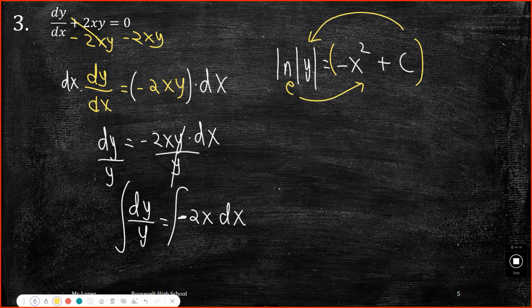And I said I was going to give you an explanation on why we drop off the absolute values. I don't exactly have it, but you drop these absolutes when you solve them. So it's e to the negative x squared plus c.